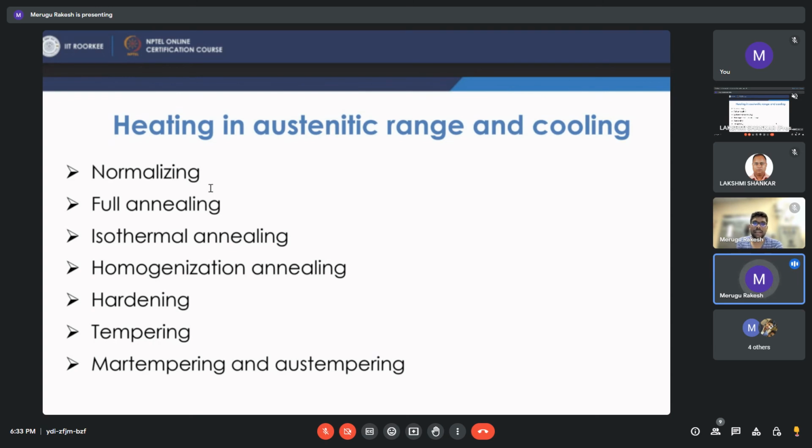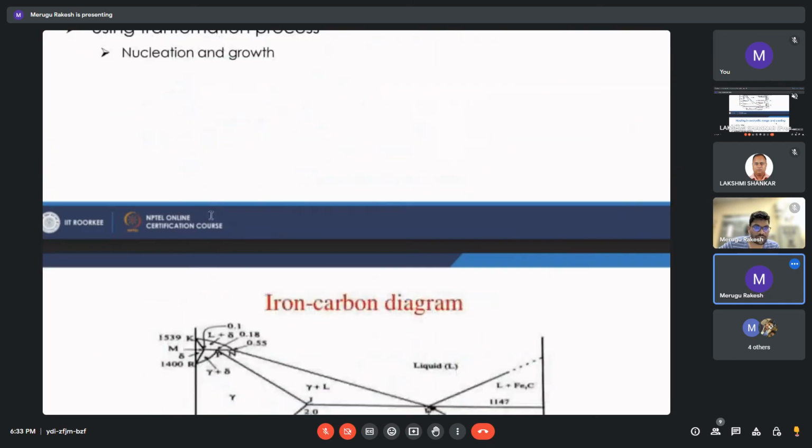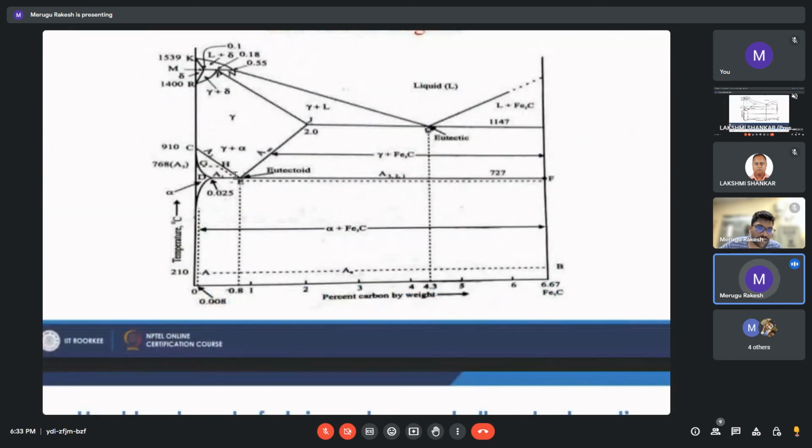So all these annealing temperatures are set using the A3 curve that I have shown in the first figure. This is the A3 curve, which is the boundary of the austenitic region, with alpha and gamma, and then on the right side we have gamma and cementite.